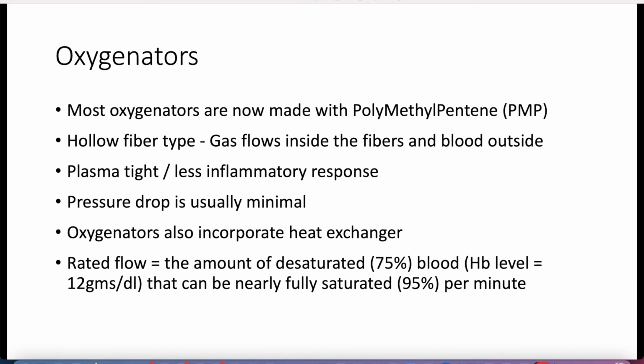The oxygenators come in different sizes, so it is essential to check the rated flow of the oxygenator and incorporate the right sized oxygenator in your circuit to ensure adequate oxygen delivery to the patient. The rated flow describes the amount of desaturated blood at a saturation of 75% and a hemoglobin level of 12 grams per deciliter that can be fully saturated, that is to 95% saturation per minute.